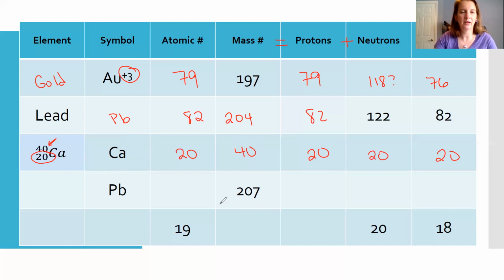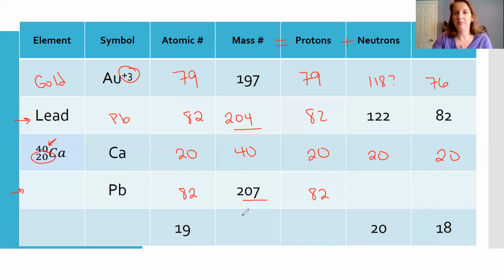Ooh, look at this row. We have lead again. Okay, here's where some students will make their mistakes. They're going to want to copy this row up here and put it down here as well. But remember, there's isotopes. We can't do that. So lead, we know that it has 82 as its atomic number. We know that it has 82 protons. Take a look at this. The mass number is different for both of these leads.